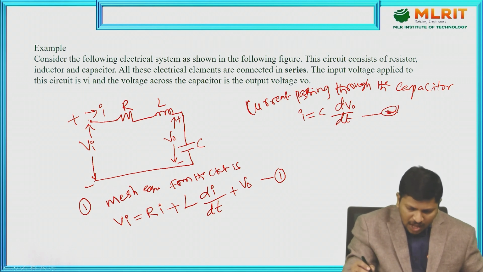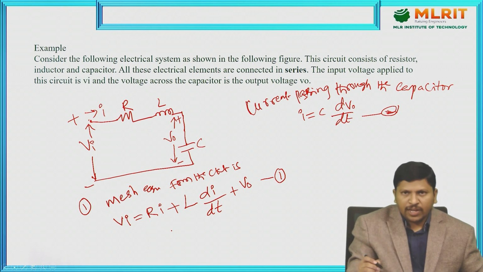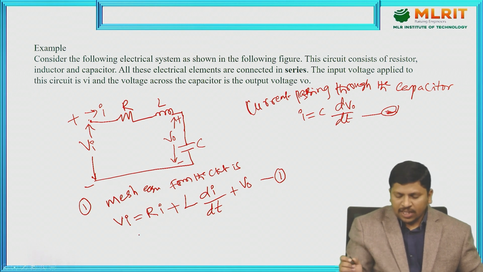Next, the i value substitute in equation 1. Now I am going to substitute i equals C into dV0 by dt in equation 1.